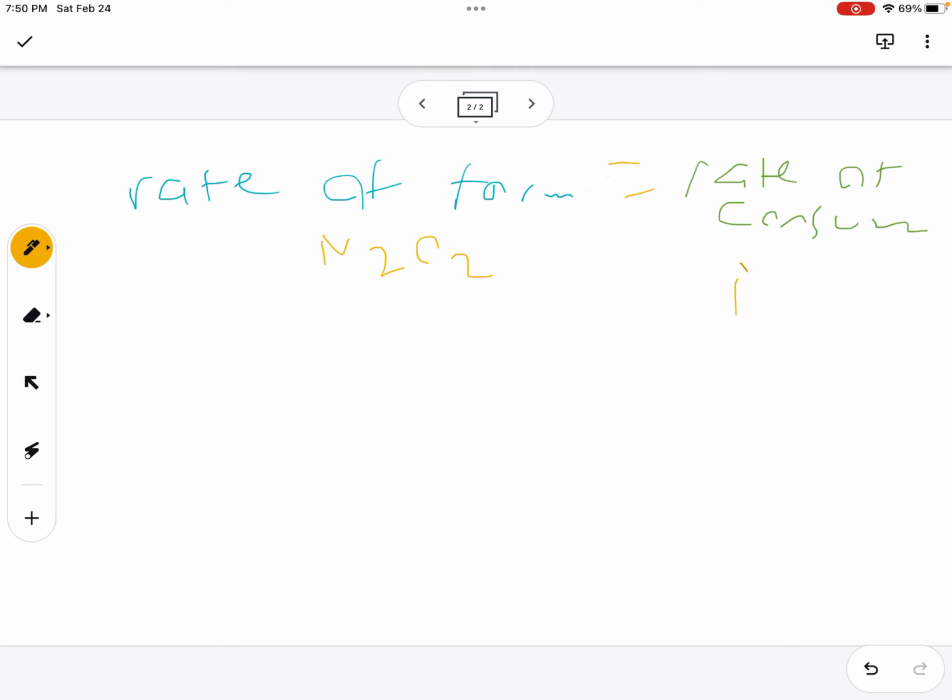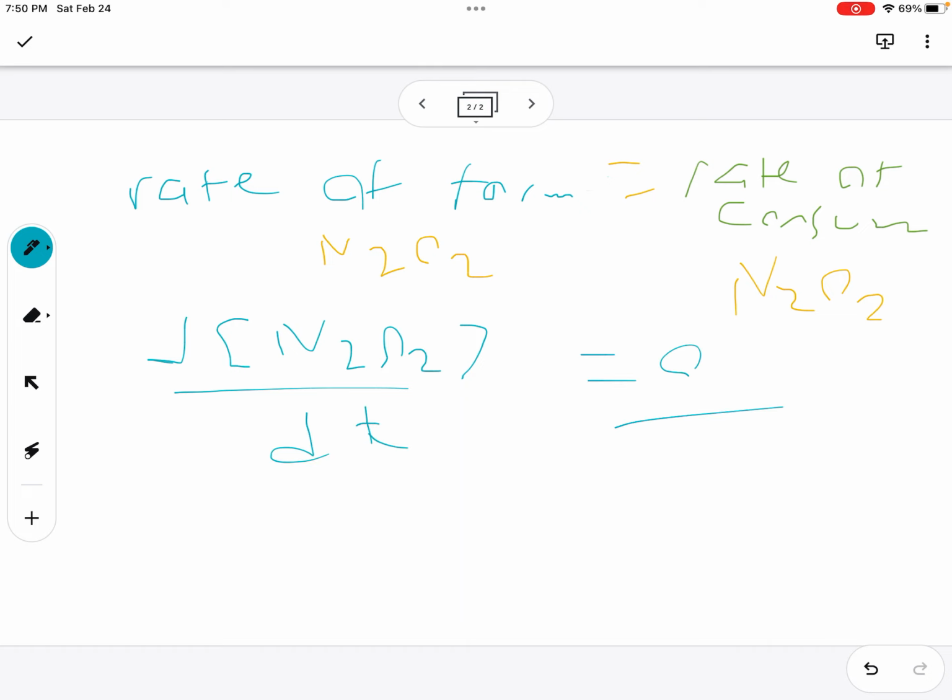And if you want a little bit of a mathematical description of why that's the case, well, what we can do is we can say that the rate of change of N2O2 with respect to time is constant. It's steady. So that's our steady state approximation.